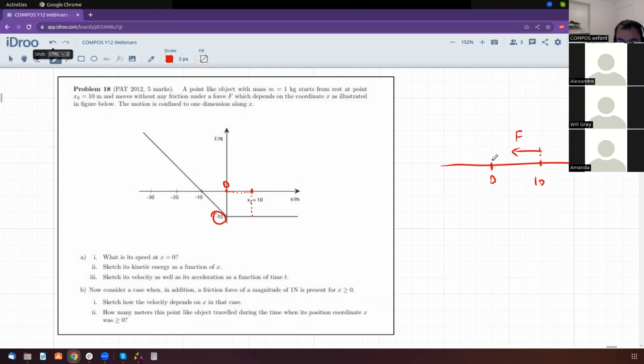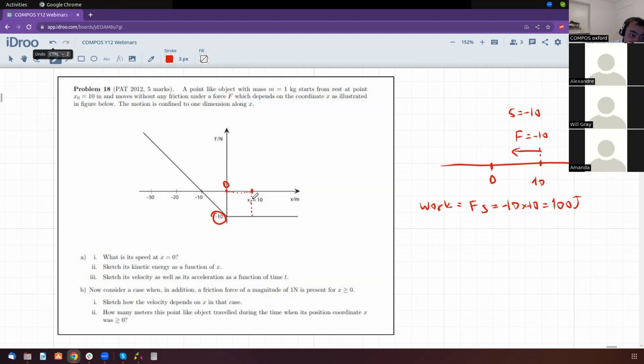So the work is force times distance, which is 10 times 10, which is 100 joules. So the force does 100 joules of work. It's not negative because the force is minus 10, but the displacement is also minus 10. So minus and minus make plus.